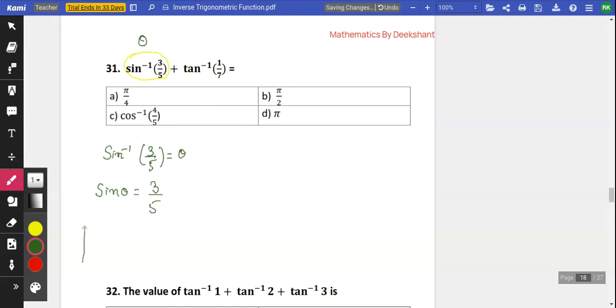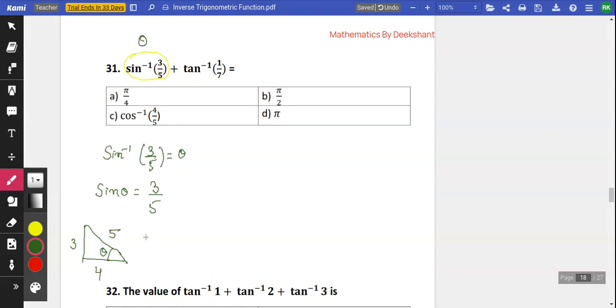Now draw a right angle triangle. This angle is theta, and sine theta is perpendicular upon hypotenuse. Perpendicular is 3 and hypotenuse is 5. By using the Pythagoras theorem, base is 4.